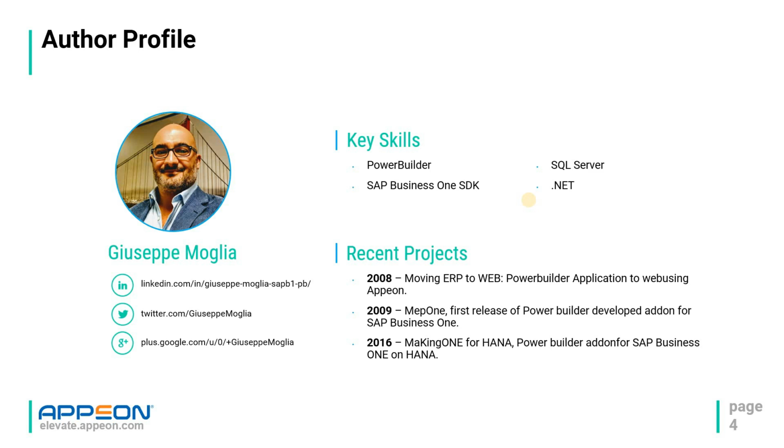My first project was an Appeon project, moving an ERP to web, and after that I started working on PowerBuilder and tried to integrate it with SAP Business One in order to create an add-on for SAP Business One. In the last year, the big deal was to integrate this add-on with the SAP Business One HANA version.